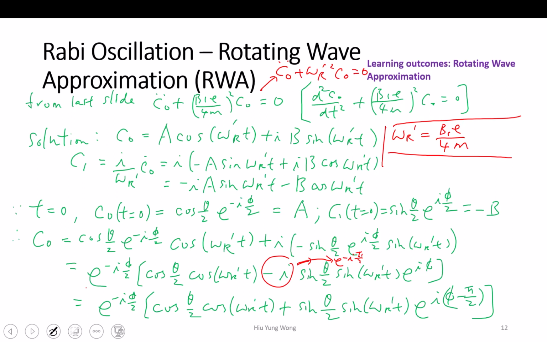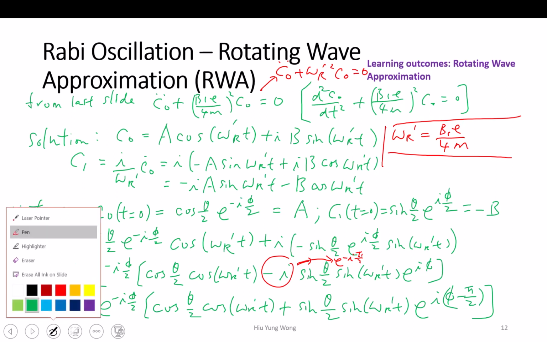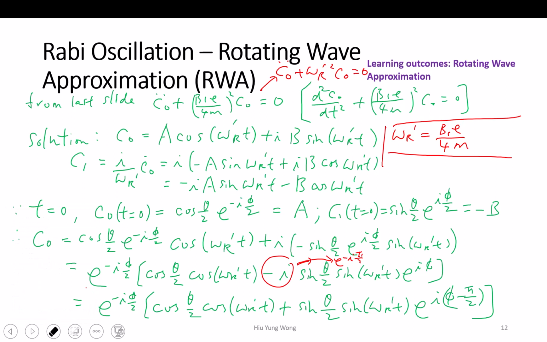Sorry, I actually don't want to take the negative I, I made a mistake. I actually only want to take the I instead of negative I, okay? So this should be negative, and I want to only keep this, make this one e to the power I pi divided by 2, right?